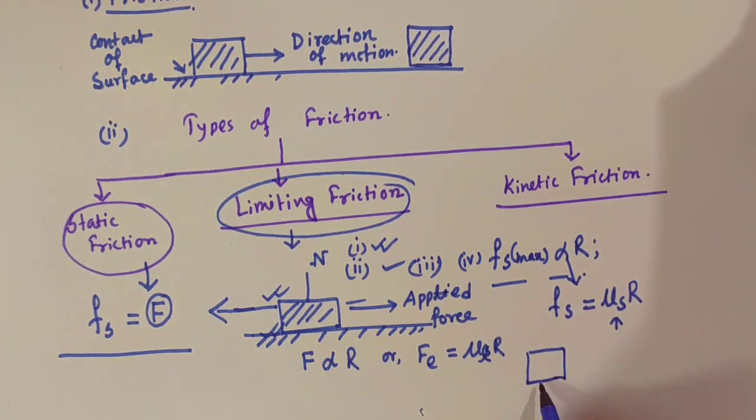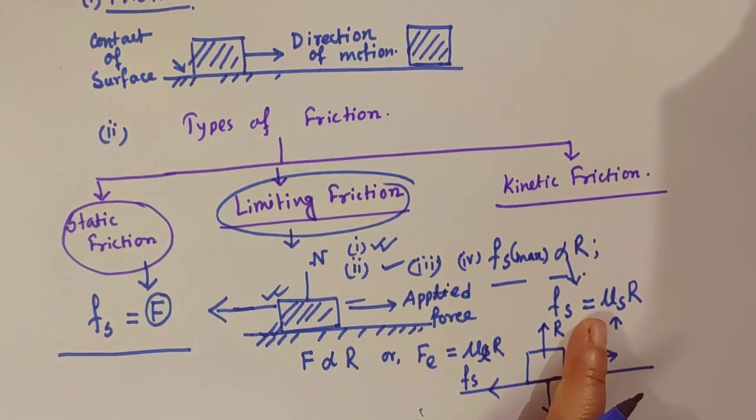Suppose this is our body and this is the surface. This is the direction of Fs, opposite, and this is the direction of applied force, and this is the normal reaction, and the weight is in the downward direction.